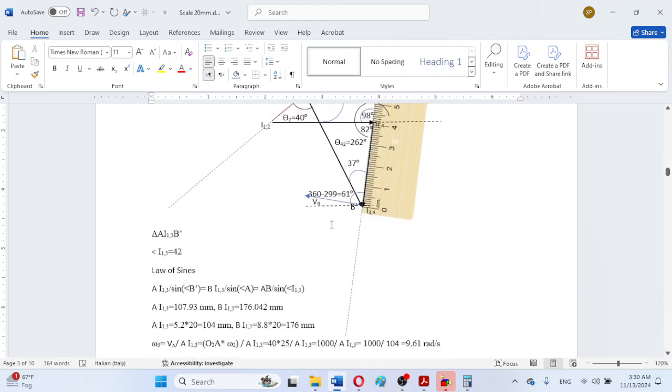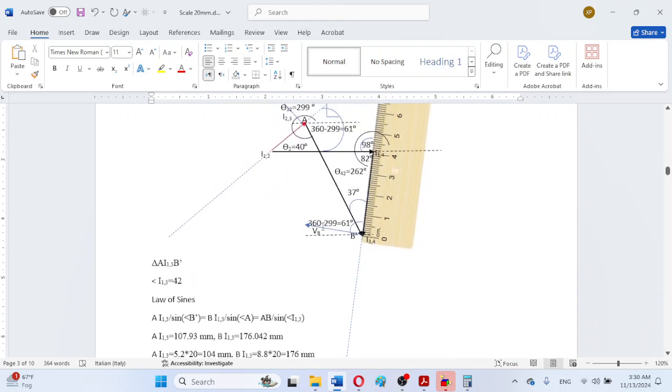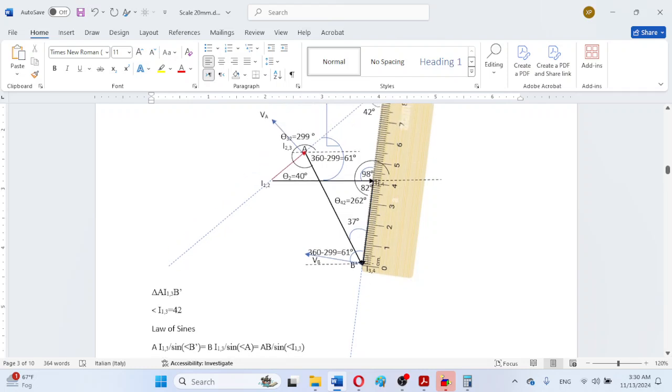And in a similar manner, we will also be requiring to determine the angle of this VB with the horizontal or vertical. As we can observe, VB is perpendicular to this rocker link, so we will have to determine the angle.